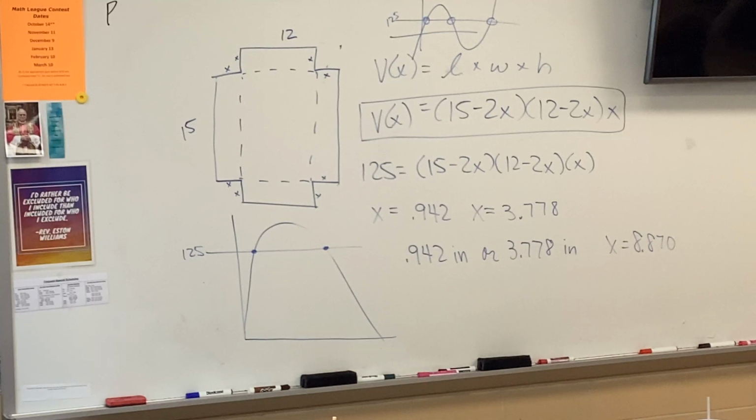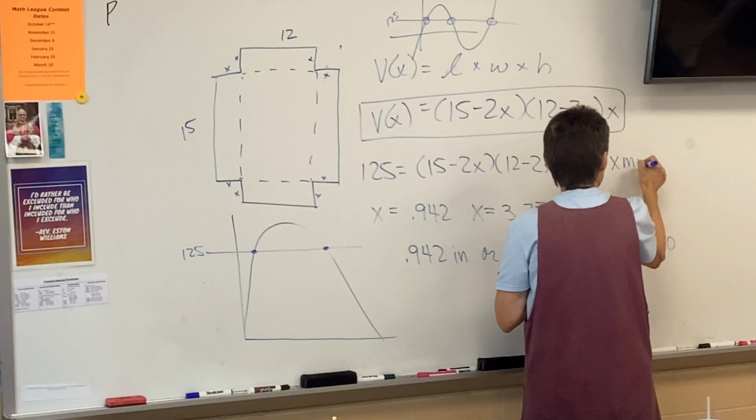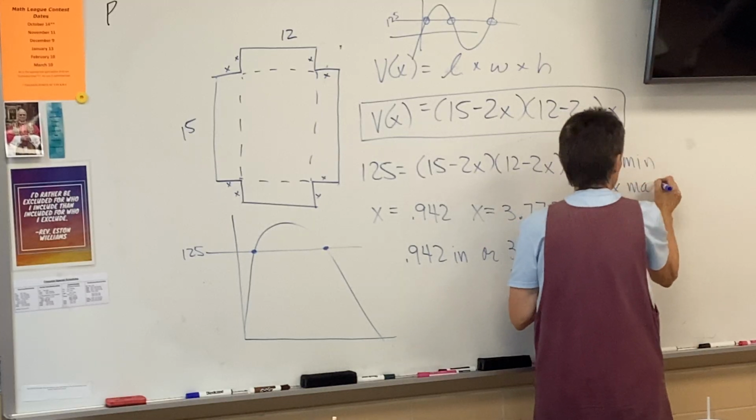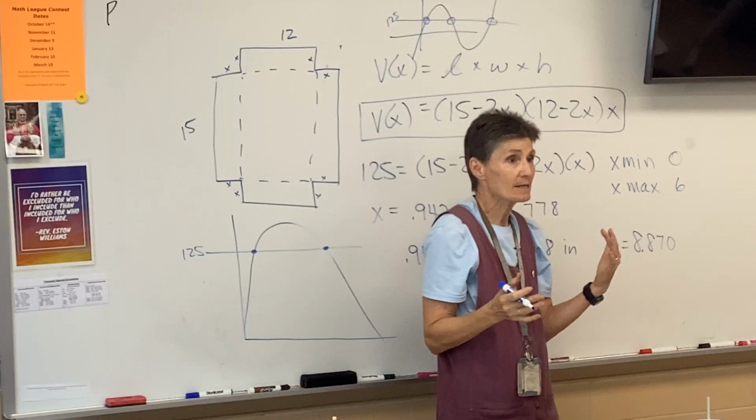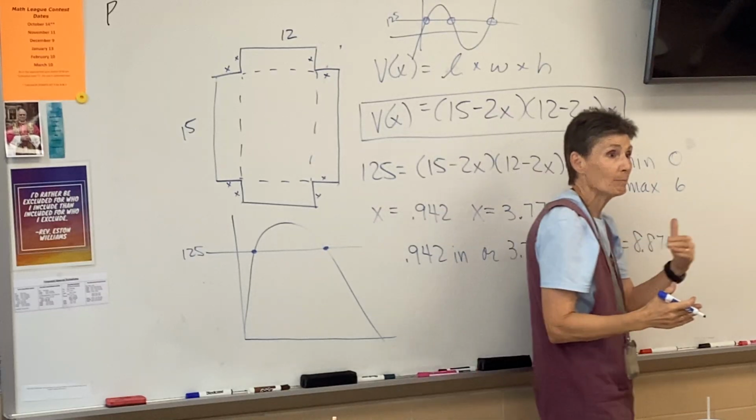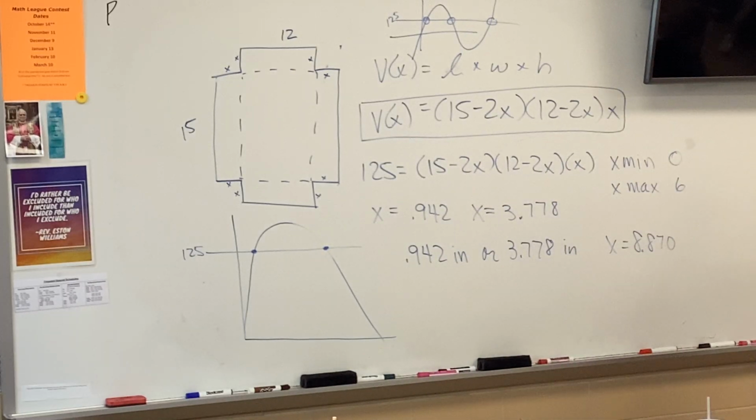So when I set my window up for my x min and max, I took that into account and said, I don't know what x is, but given the parameters of the problem, it's bigger than 0 and less than 6. Does that make sense to you? So 100% there's a third solution, but it doesn't apply to this problem.